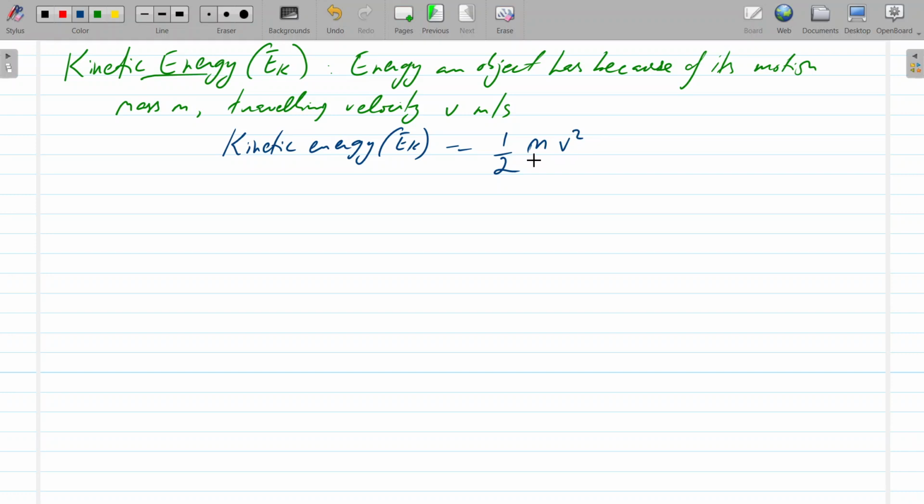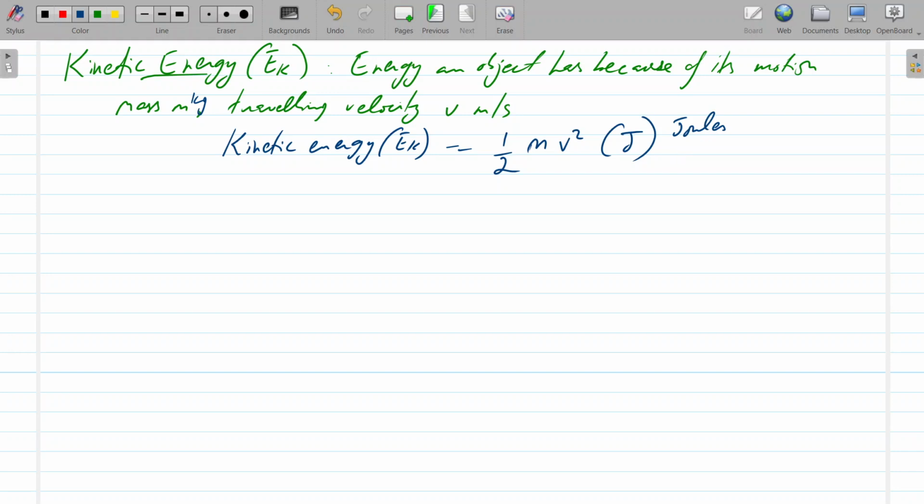Mass is in kilograms and v is in meter per second, and this value is in joules, which is the SI unit for energy.